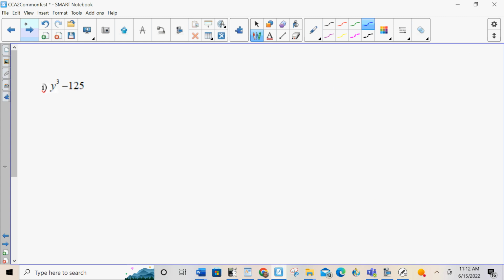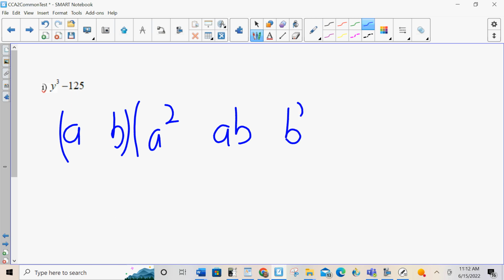Is there a GCF? No. 2 terms. Are they perfect squares? No. Are they perfect cubes? Yes. SOAP cubes: (a minus b)(a squared plus ab plus b squared). a cubed minus b cubed equals.